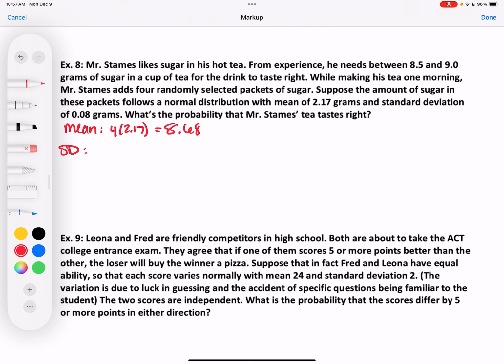Mean's something completely separate. For the standard deviation, we need to take the standard deviation they gave us and square it to get variance, multiply it by 4 for how many packets, then take the square root of all of that. So it'll end up being the square root of 4 times 0.08 squared, which happens to give us 0.16.